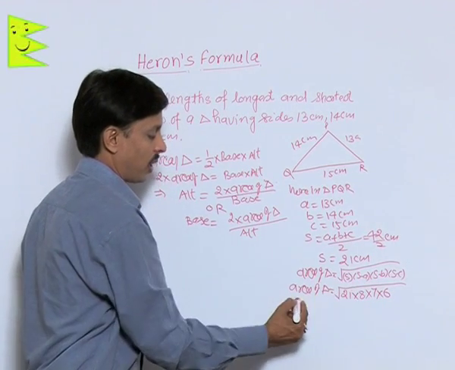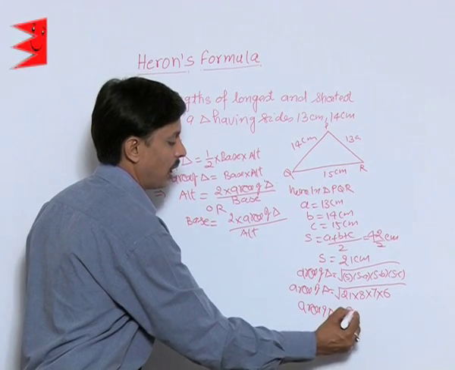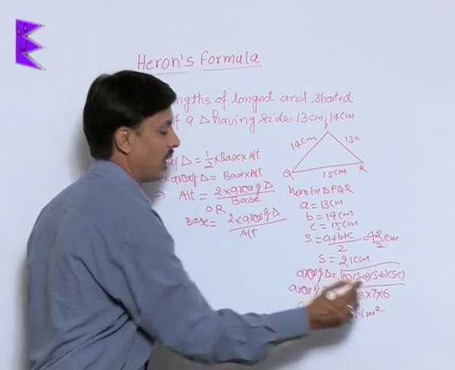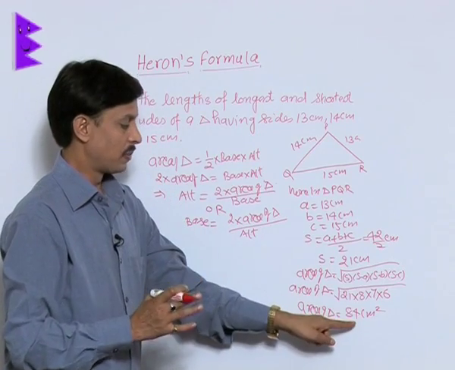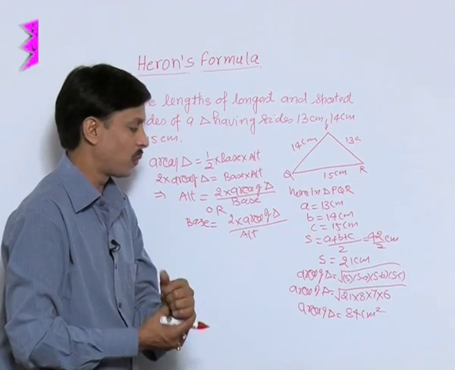Square root of the product will give us the area. So area of triangle become 84 centimeter square. This much is clear, that is how I have calculated the area of the triangle by using Heron's formula.